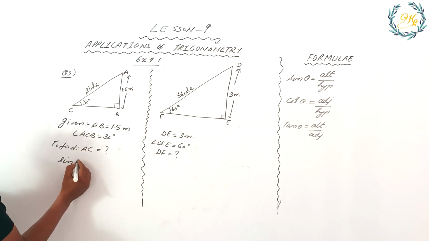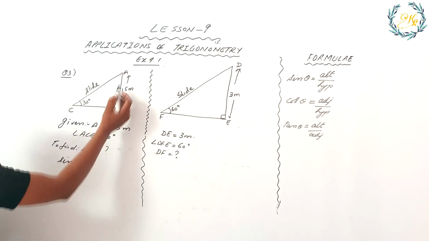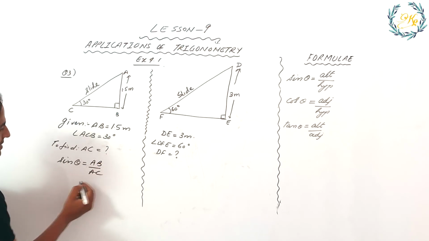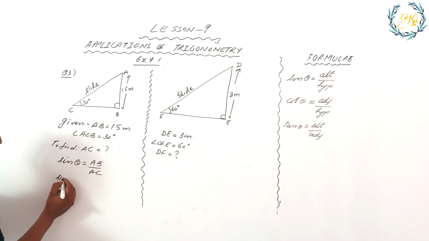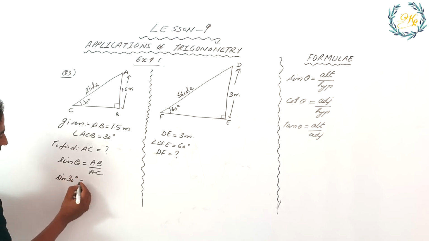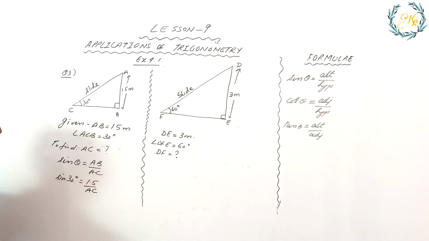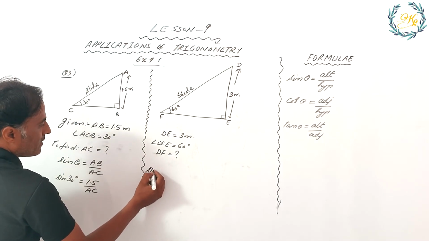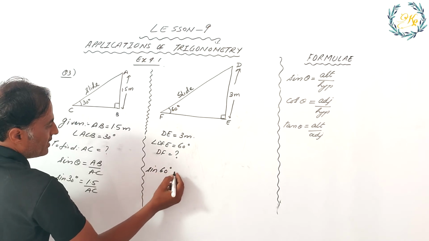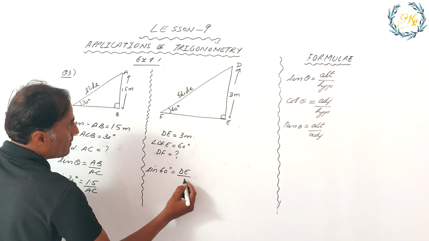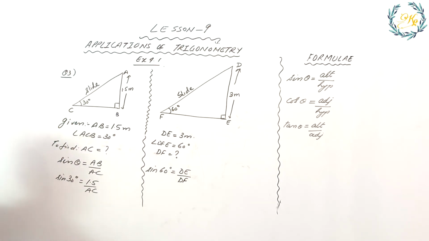Let's solve it. Sin theta is equal to altitude AB upon hypotenuse AC. So sin of 30 degrees is equal to AB, which is 1.5, upon AC. Similarly, sin of 60 degrees is equal to the altitude DE upon the hypotenuse DF.